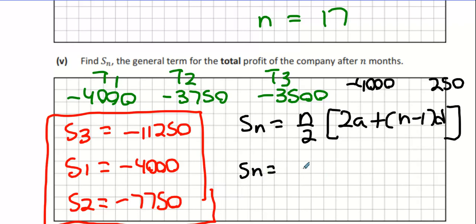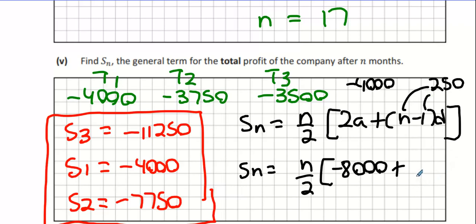Sn equals n over 2. What's 2 times minus 4,000? Yeah, minus 8,000. And then 250 times n minus 1, so it'll be 250n minus 250. It doesn't say we have to present it in any magical way. It doesn't tell us what I have to turn it into.